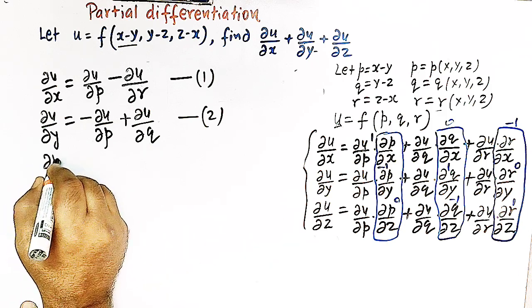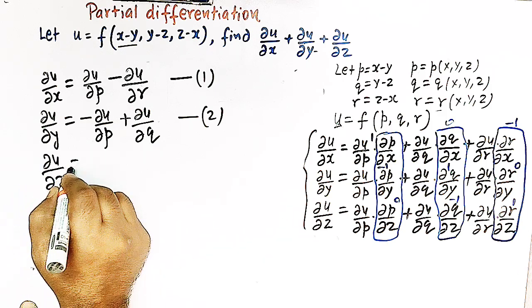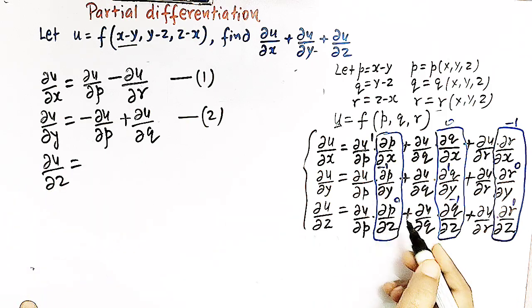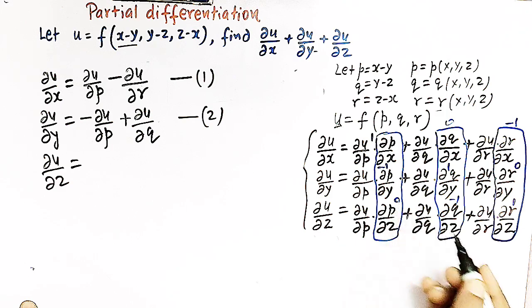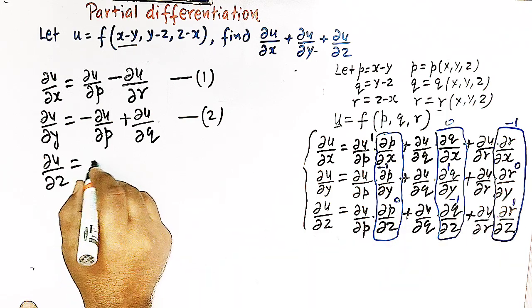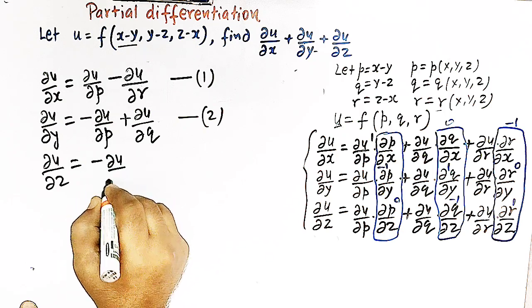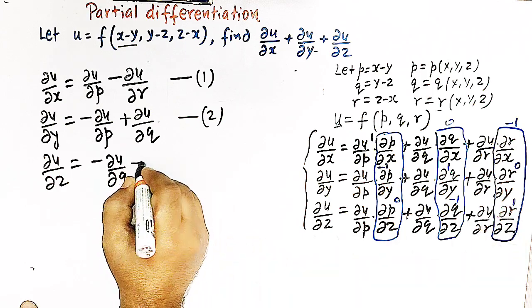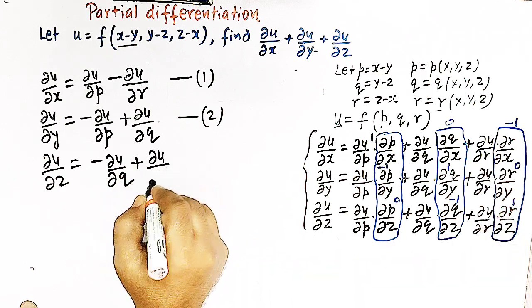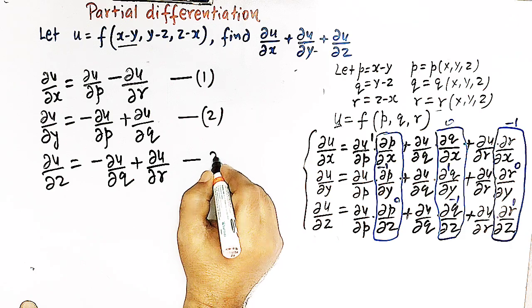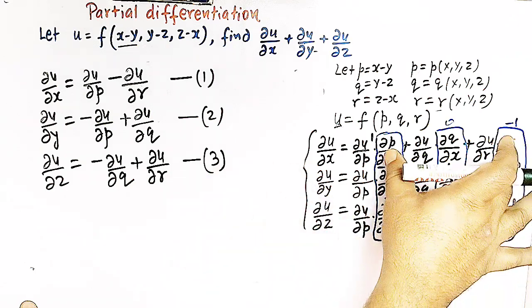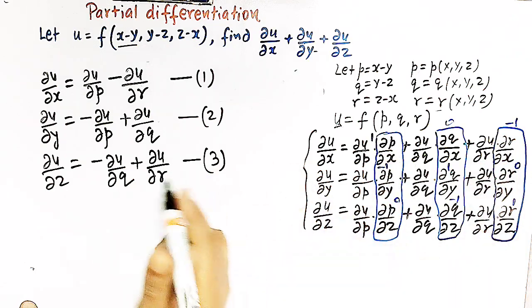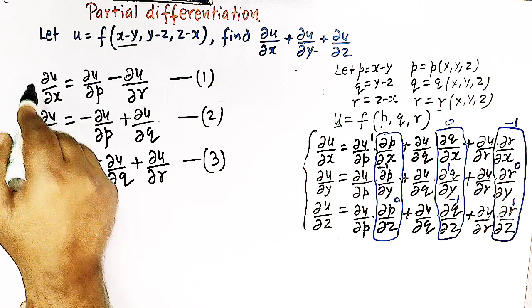And here we have del u over del z, this term is 0, del p over del z is 0, and here we have del q over del z as minus 1. So we have minus del u over del q, and here del r over del z is equal to 1. So we have plus del u over del r. So now we have reduced these three equations to these three equations, right?